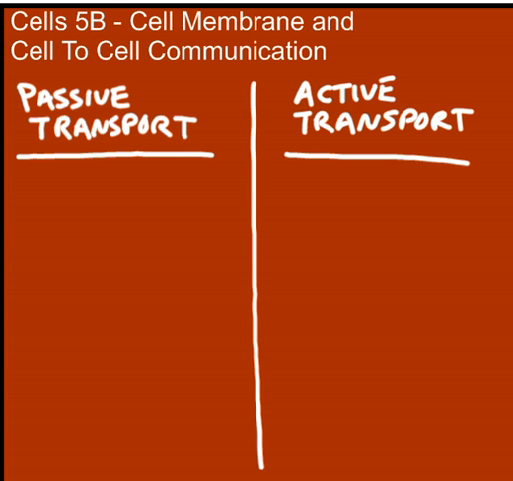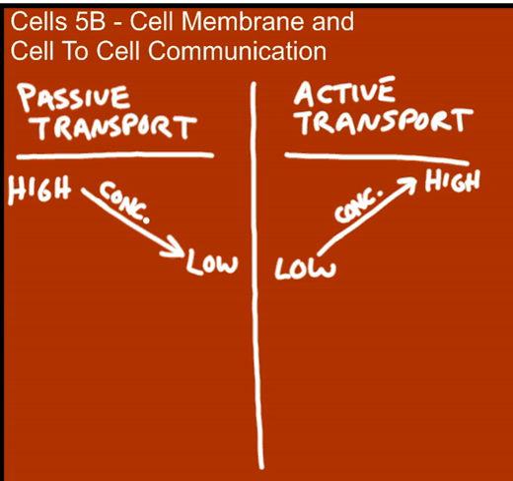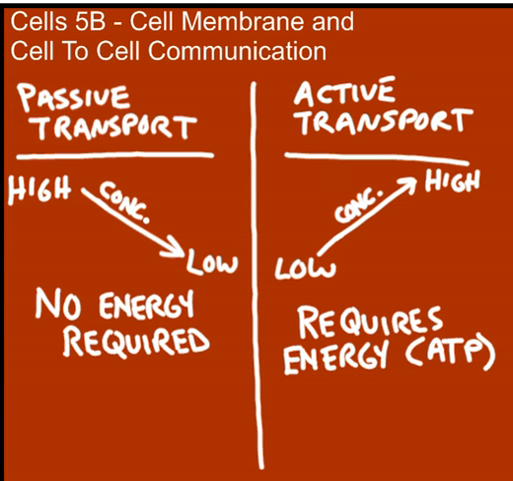Okay, let's do a quick overview of the things we learned about the cell membrane's role in transport. We learned about passive transport and active transport. Passive transport is molecules moving from high to low concentration down the concentration gradient. Active transport is moving from low to high against the concentration gradient. Passive transport requires no energy.